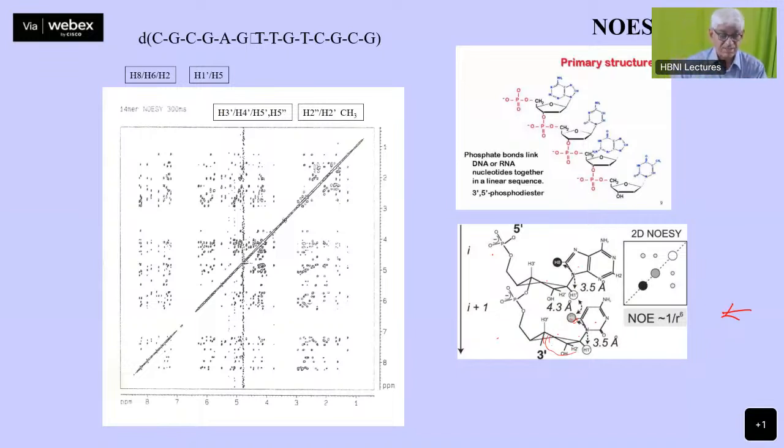So here is the long DNA sequence. This is the 14-mer again, CG, CG, AG, TT, GT, CG, CG. Now you see this is self-complementary? Suppose I write here CG, CG, A, CG, CG, A, and after that it is not self-complementary.